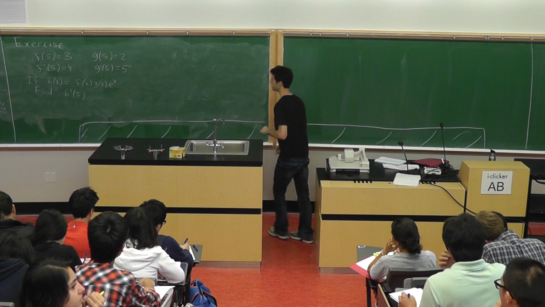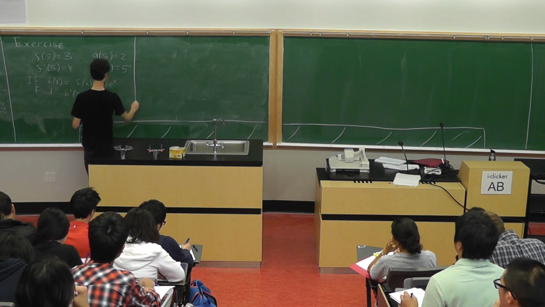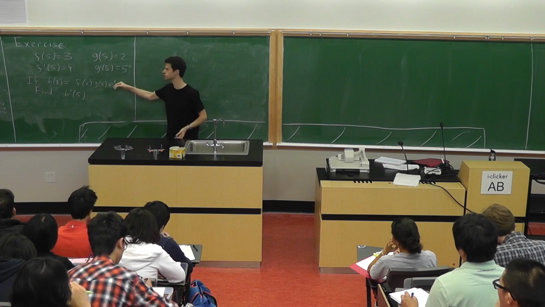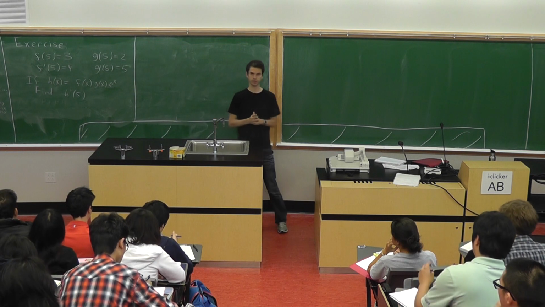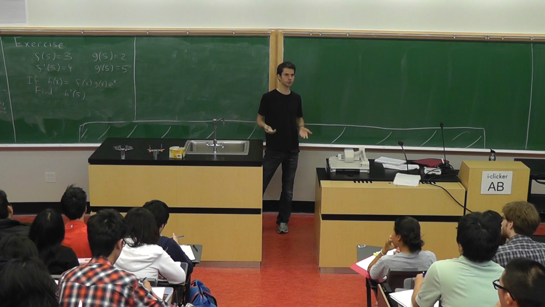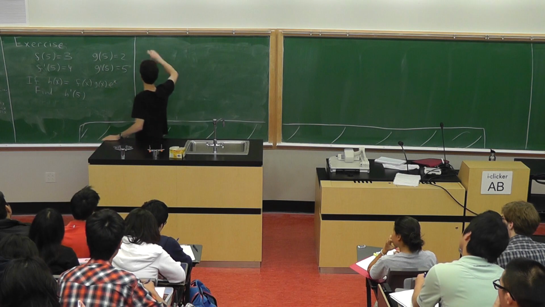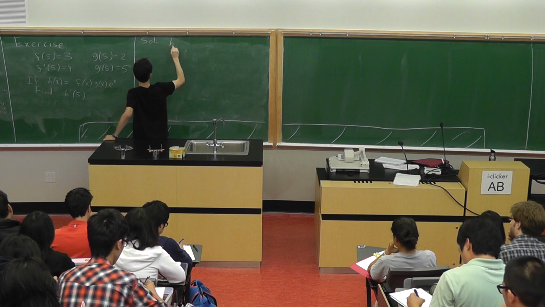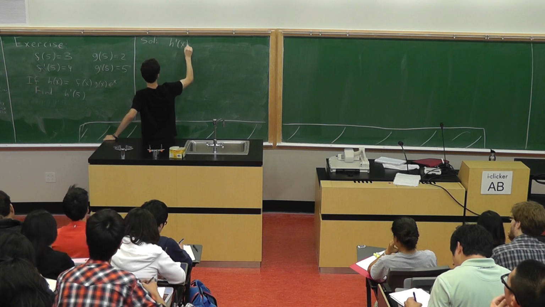Yes, exactly. So my function is a product of two functions which I don't know and a function that I do know. So the natural idea, let's try to apply the product rule and see how far it gets us. So solution: what is the derivative of h?